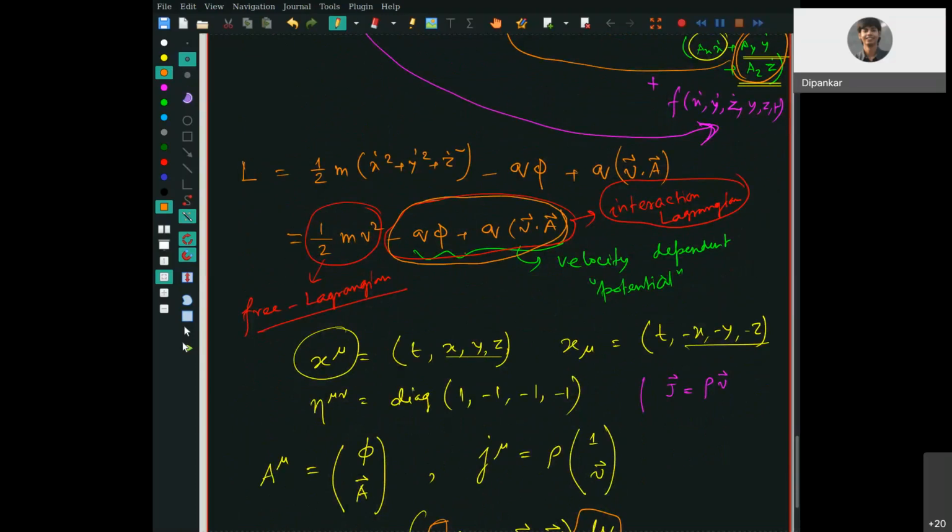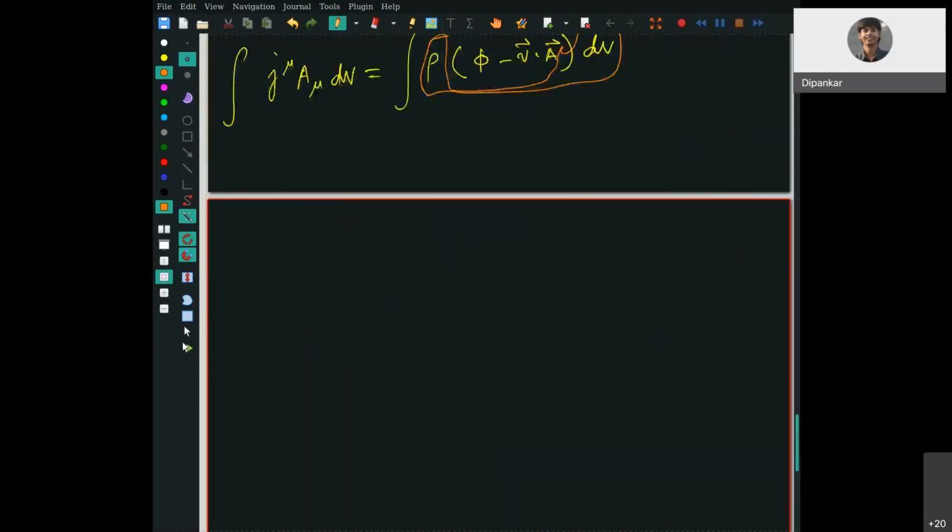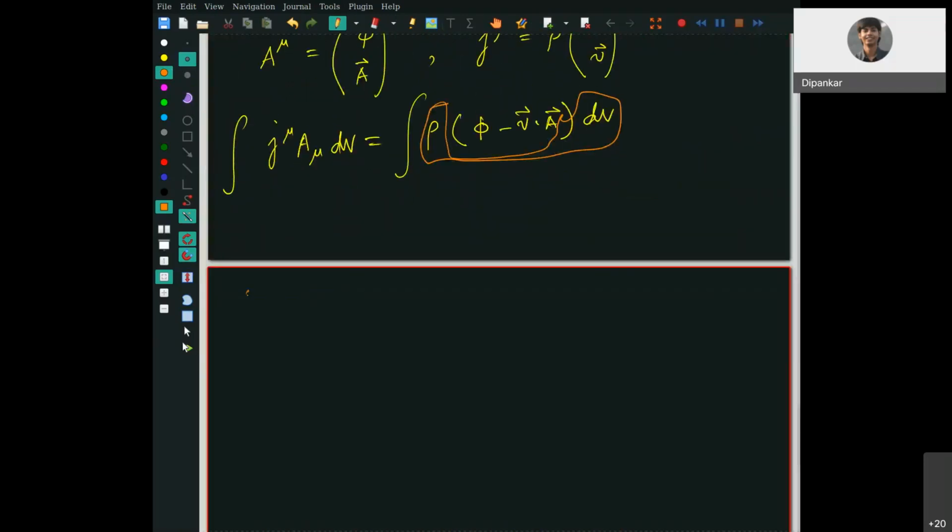The interaction Lagrangian that I have written here is a very naive way of explaining things. The interaction Lagrangian, which I call L interaction, I think with a minus sign, I have written as the integral of J mu A mu dV.